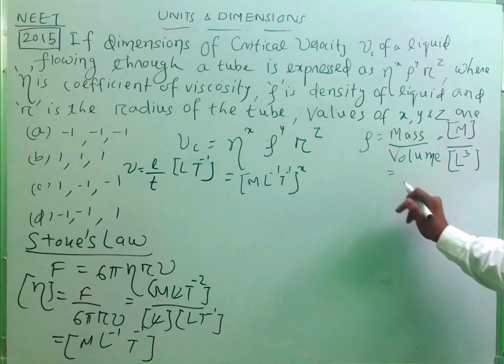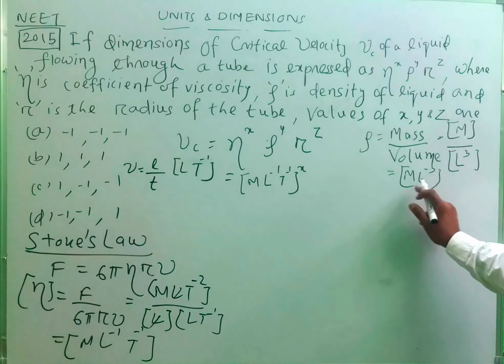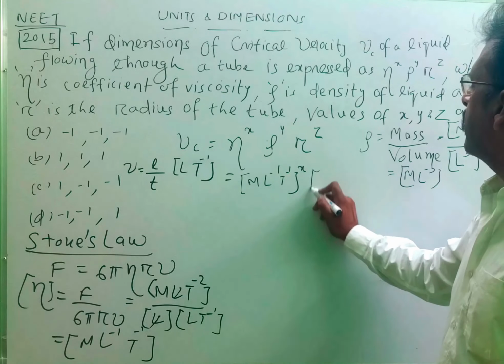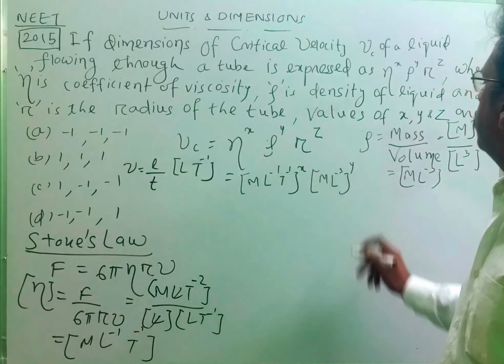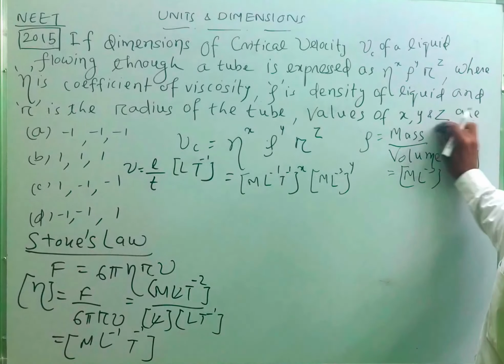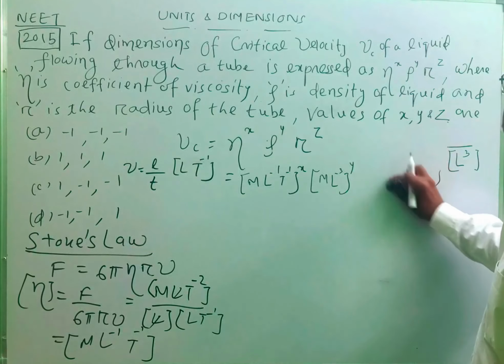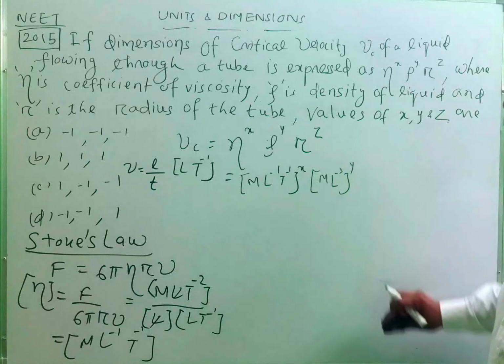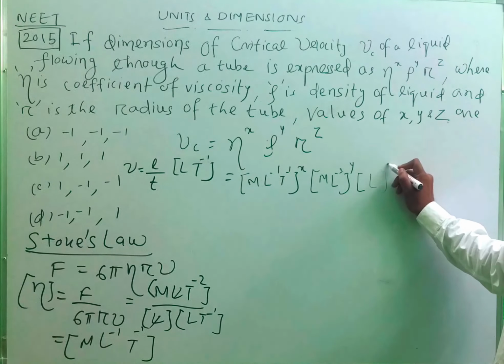So the dimensions of rho is M L to the power minus 3. We will put it here in rho, M L minus 3 to the power y. Okay, student? Then what is the dimensional formula of r? r is radius, so it is a length. So student, it has dimensions L to the power z.